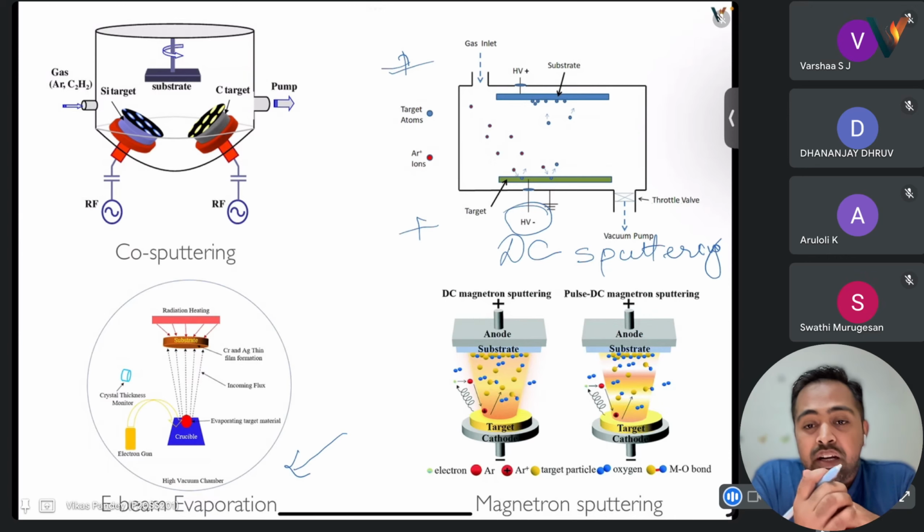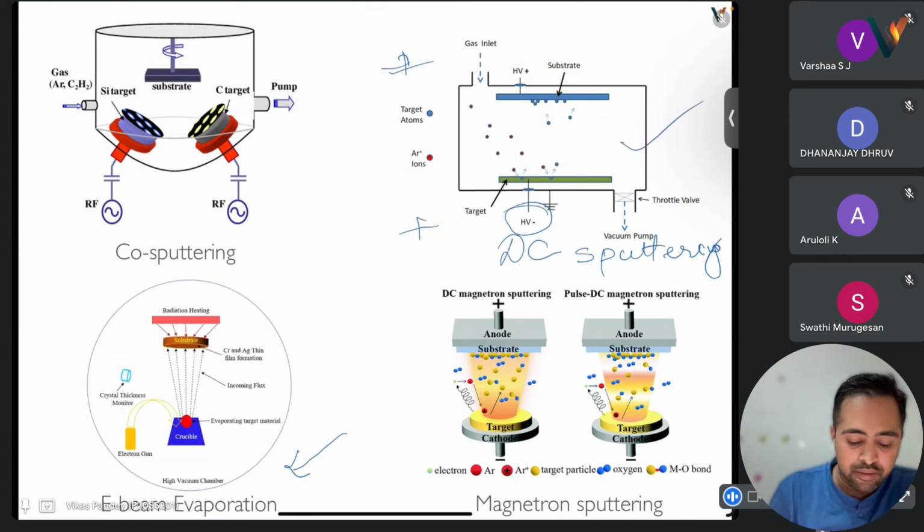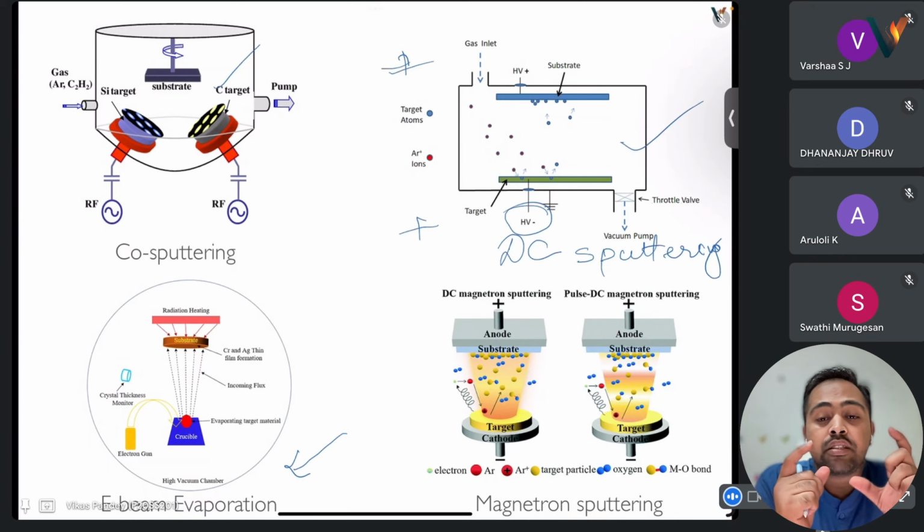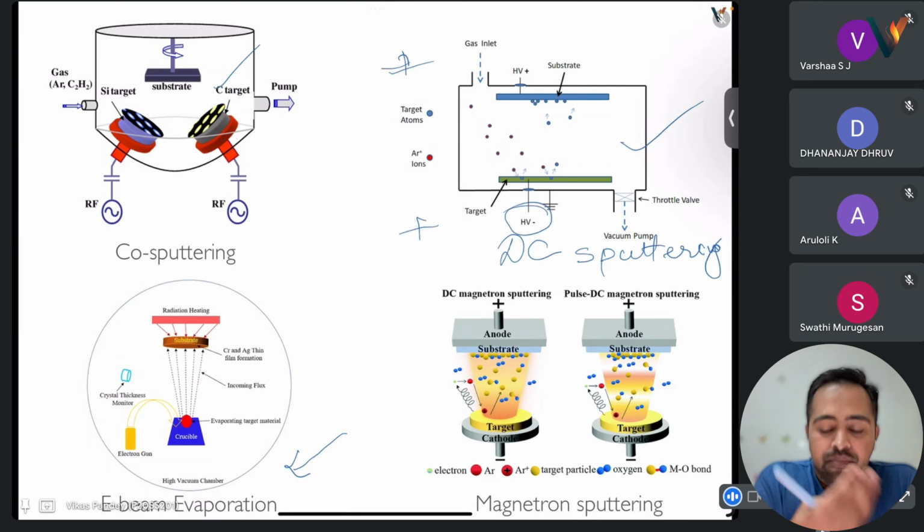Then there is magnetron sputtering, in which this whole plasma, like we created here, is created using a very high magnetic field, and the high magnetic field is again created using current only.